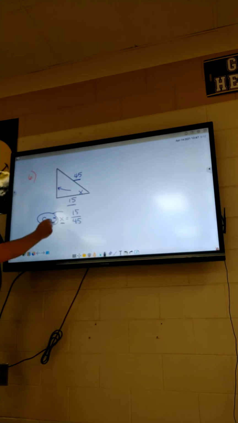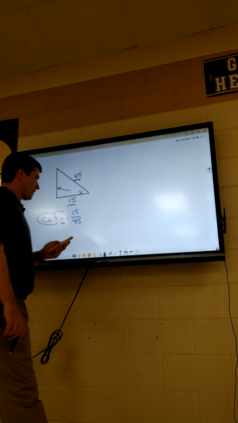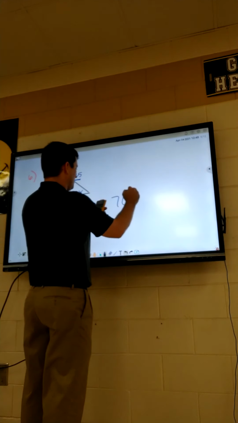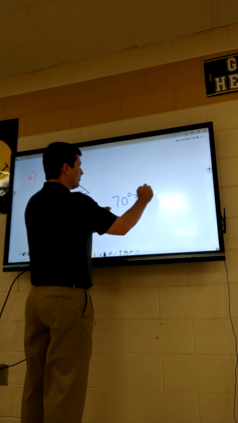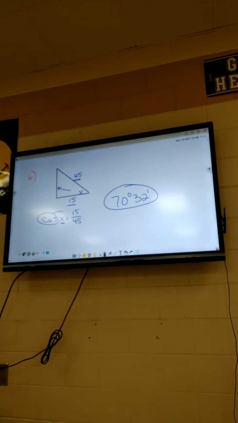So when you take cosine and move it over, you're going to have to do cosine negative 1. All right, so cosine negative 1, 15 over 45. Make it degrees, minutes, and seconds. What y'all got? I got 70 degrees, 31 minutes. 70 degrees, 30. If you round it up, 32. I'm not marking off on rounding, but we should have rounded that one up.